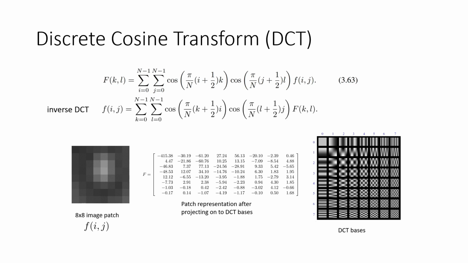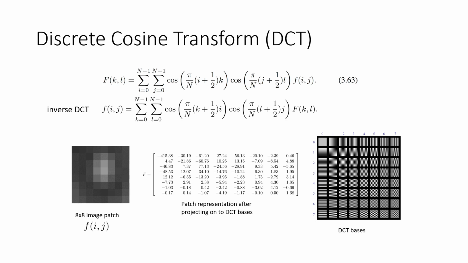Fourier transform is a conversion from the real domain to the complex domain. But discrete cosine transform is a conversion from real domain to real domain. So there is no imaginary part for this transform. Given this patch, if we apply the DCT, we will get the F coefficients like this matrix.